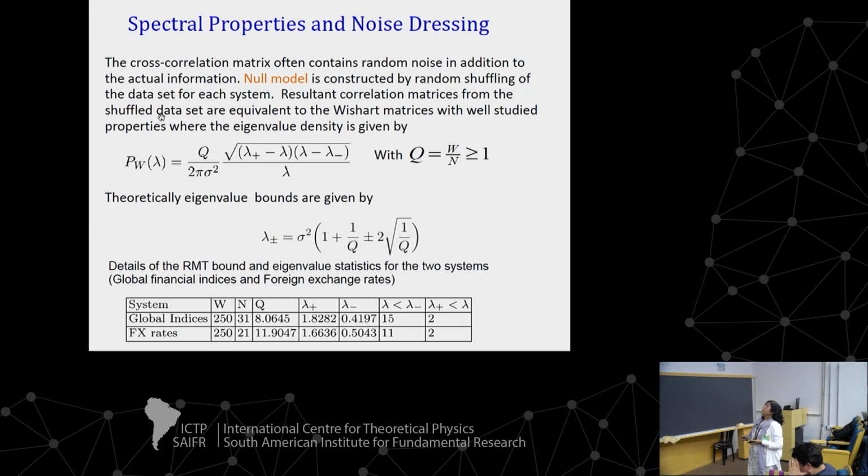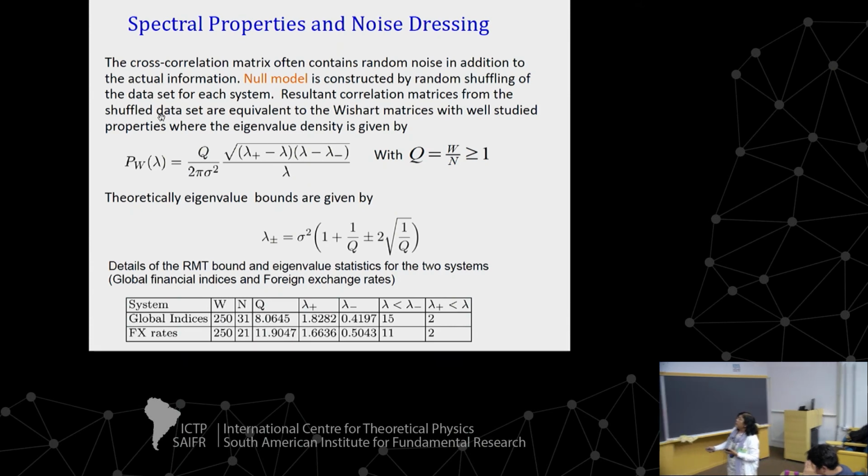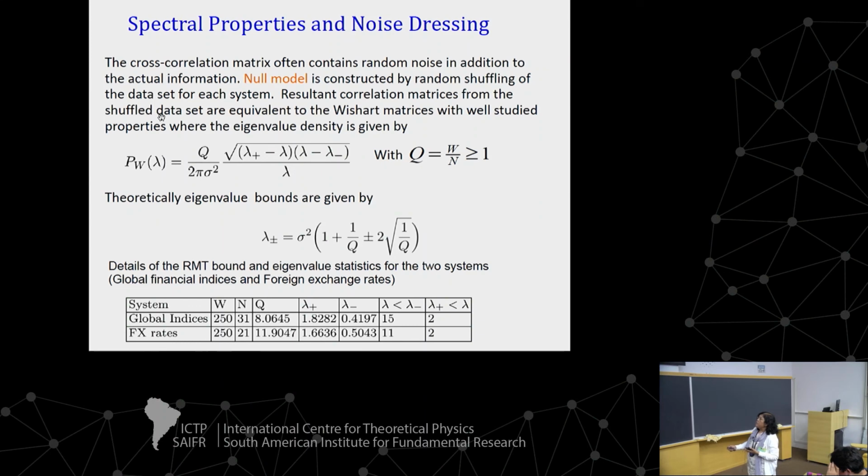Okay. Q is T over N, where T is the length of the time series, that is 250, and N is the number of different time series that we have. Okay, 31 in the global indices and 21 for the FX rates.